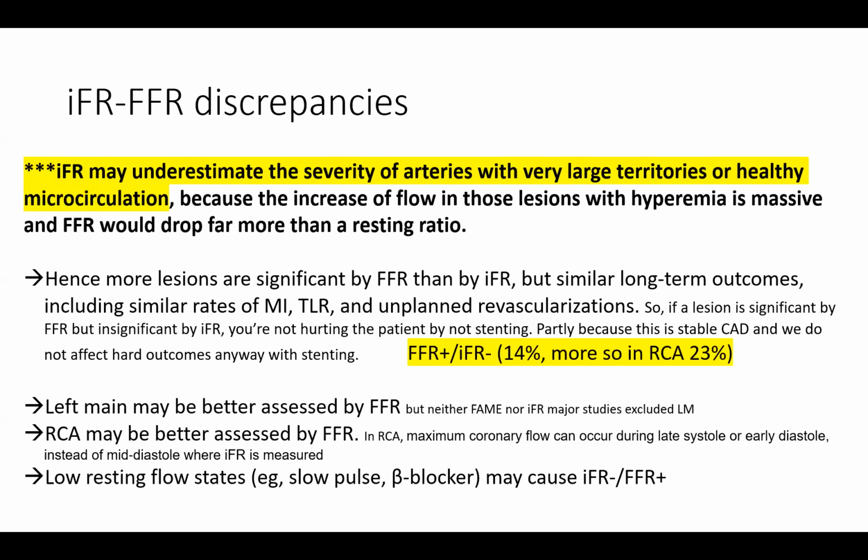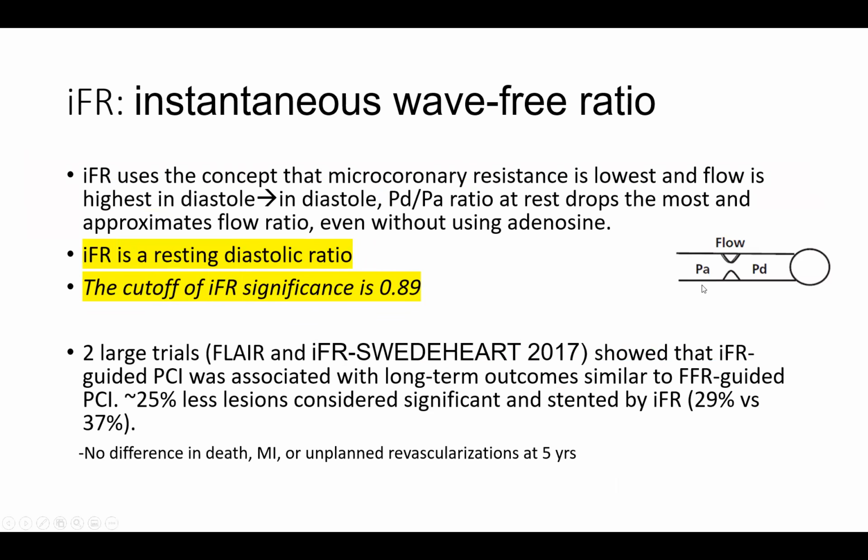Again, the main reason for the discrepancy is that in some vessels with healthy microcirculation and large territory, you are inducing massive hyperemia that causes a dramatic drop in distal pressure with adenosine and a dramatic drop in FFR, much more than you would get a drop in diastolic pressure at rest.